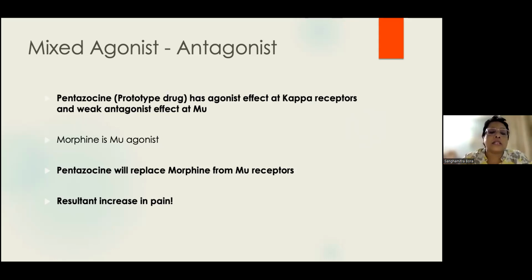Since morphine takes its effect after binding to the mu receptors, and pentazocine also has a weak antagonistic effect at mu receptors, if you give morphine and pentazocine together, pentazocine will try to replace morphine from mu receptors, and the resultant will be an increase in the pain because morphine is being replaced by pentazocine.